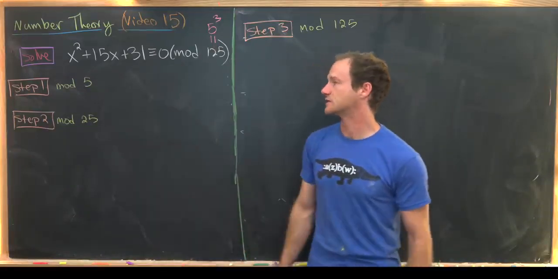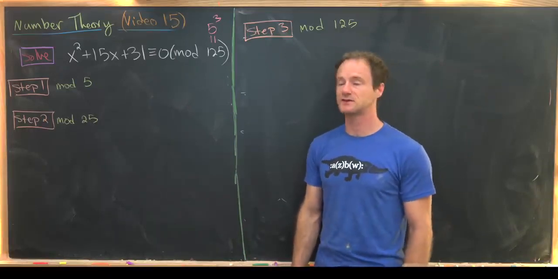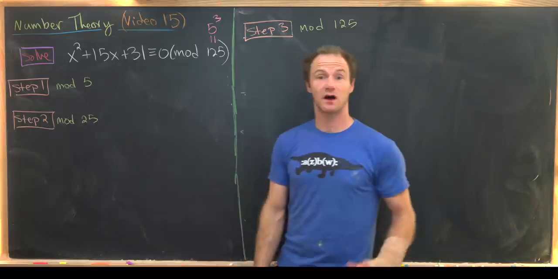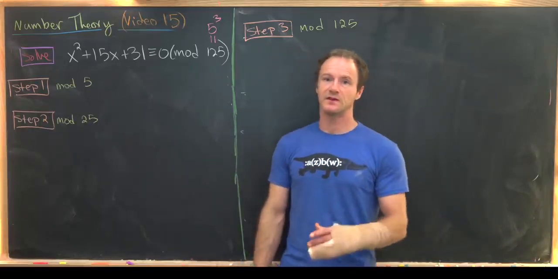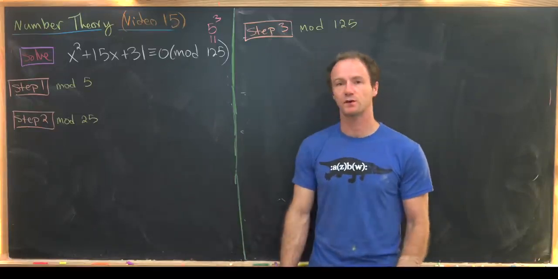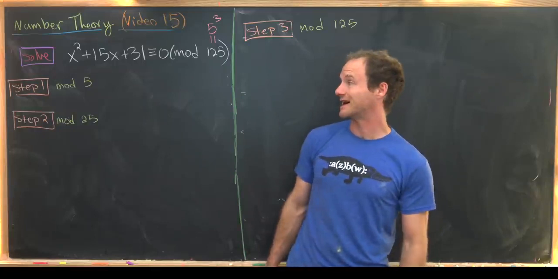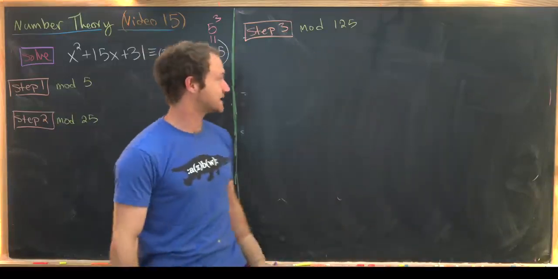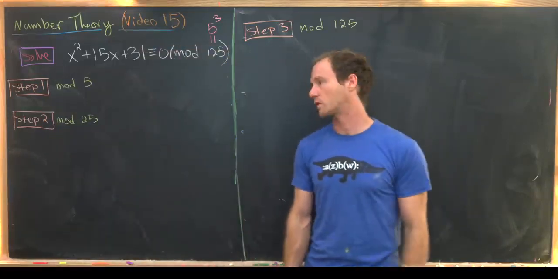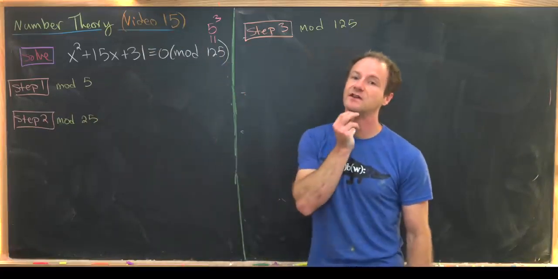So that's clearly equal to 5 cubed. And this is laid out in 3 steps. First, you solve the congruence mod 5. Then you apply Hensel's lemma to boost that to a solution mod 25. And then you apply the technique from the proof of Hensel's lemma again to boost that to a solution mod 125. In other words, we go from 5 to 5 squared to 5 cubed.